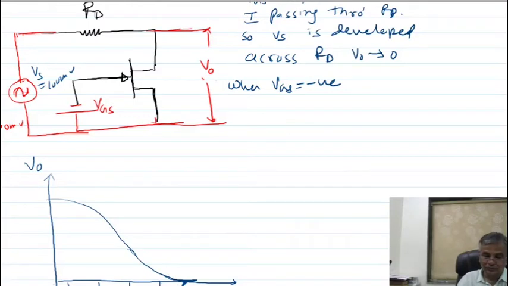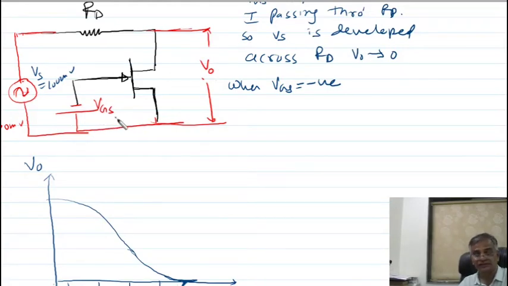So when VGS is 0, you will get output 0. When VGS is made negative, this output increases, which means you can control your output voltage. You can attenuate your output voltage with the help of a small gate to source voltage.